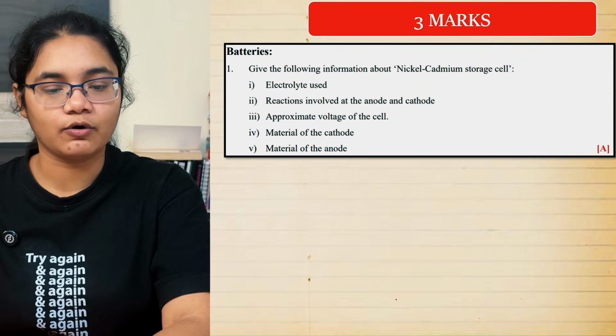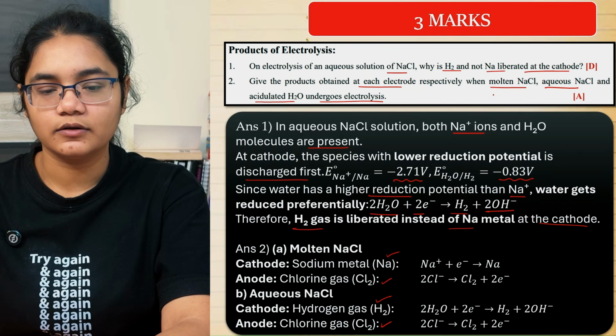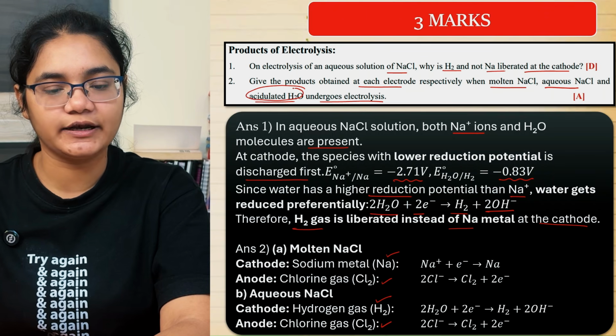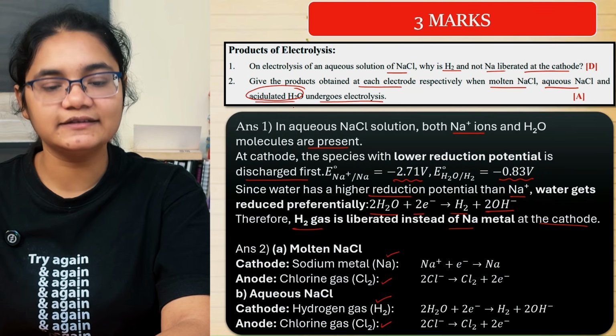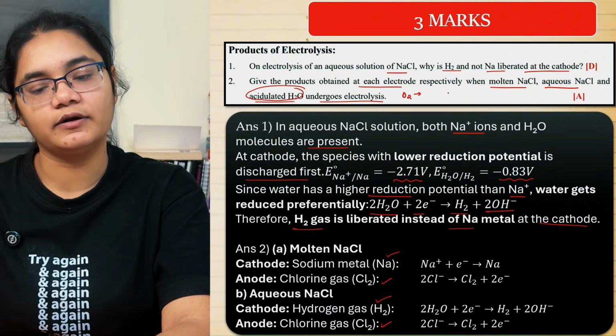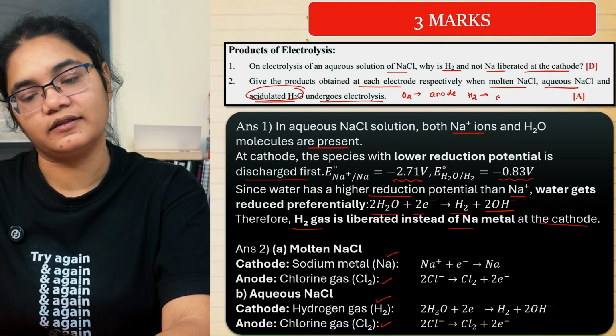Then acidulated water undergoes electrolysis. Here I'll just mention oxygen will be formed at the anode and hydrogen gas will be formed at the cathode.